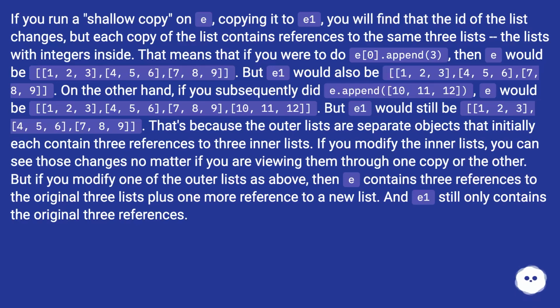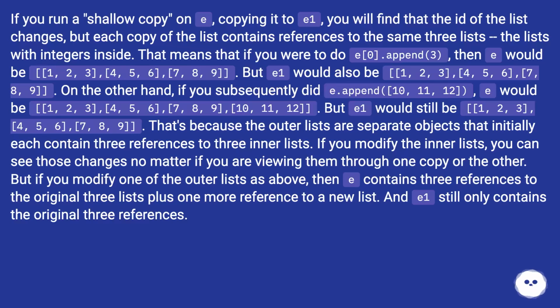That means that if you were to do E[0].append(3), then E would be [[1, 2, 3], [4, 5, 6], [7, 8, 9]]. But E1 would also be [[1, 2, 3], [4, 5, 6], [7, 8, 9]].